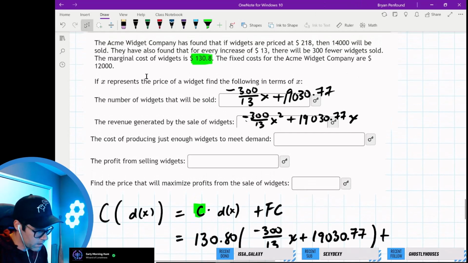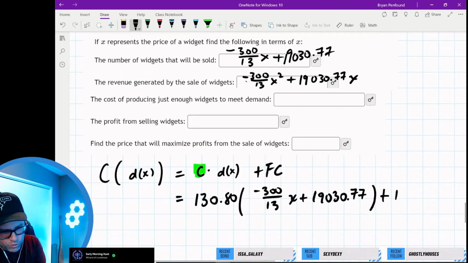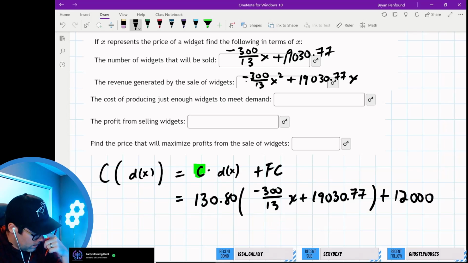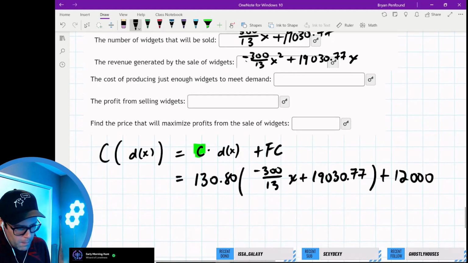The fixed costs are 12,000. So I think that's going to be our cost of producing just enough to meet the demand.